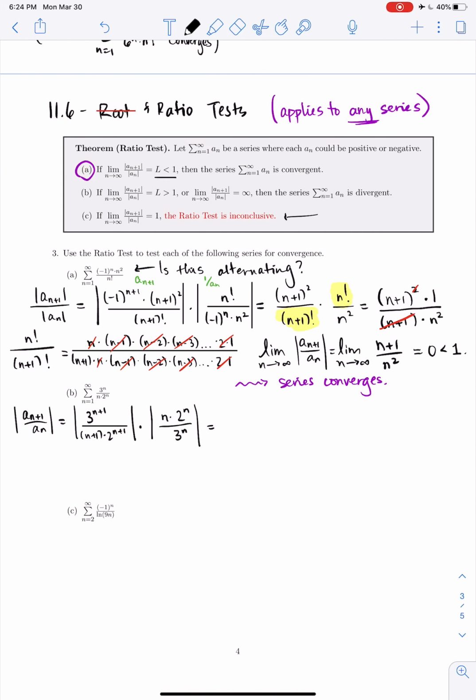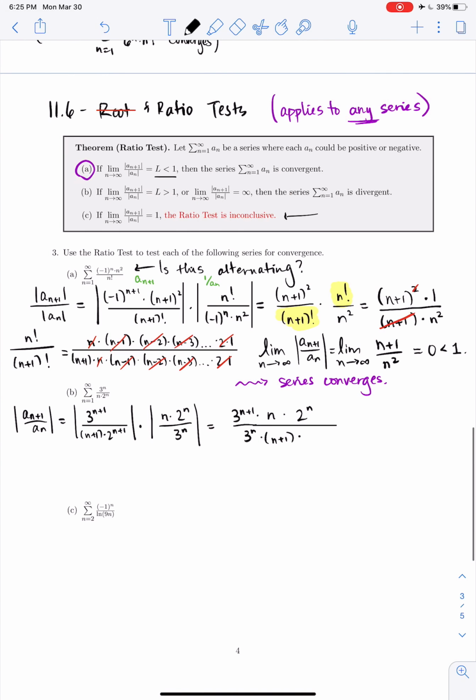All right, now everything inside is positive, so those absolute value bars are redundant, so we can drop those, and I'm going to commute a couple of these factors around so that we can see each of the pieces next to its friend. So 3 to the n plus 1 over 3 to the n. Then we have n and 2 to the n. And then in the denominator, we've got n plus 1 times 2 to the n plus 1.